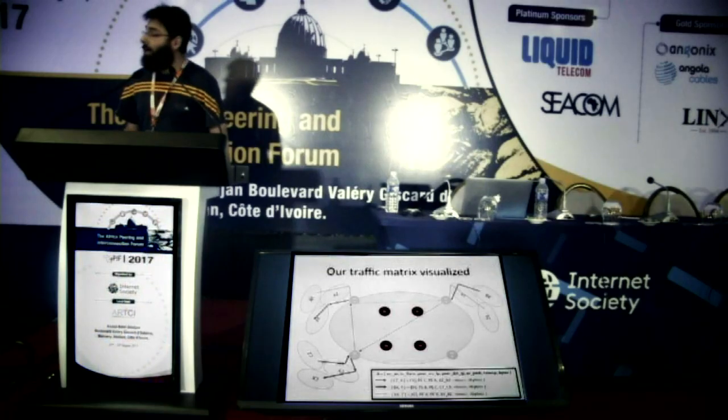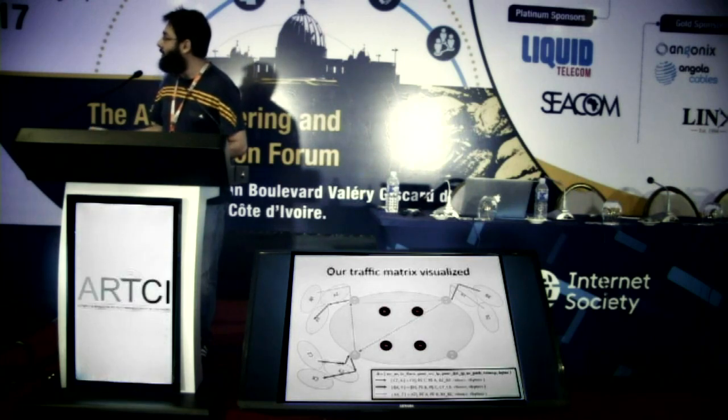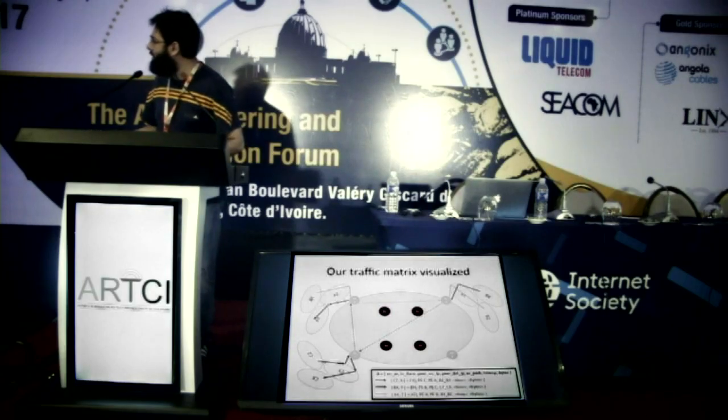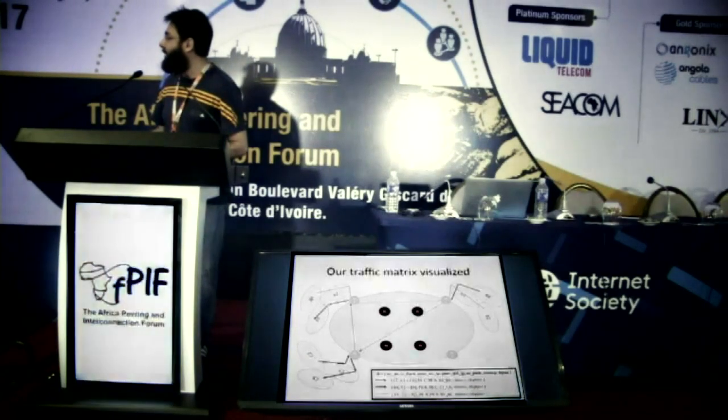So shall we translate the external traffic matrix into pmacct jargon? Again, this is our network, and we are transiting some traffic flows: the yellow, the red, and the violet one. So we have three traffic flows. This is the way you would configure the traffic matrix in pmacct.